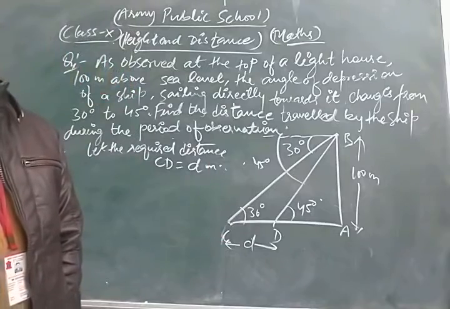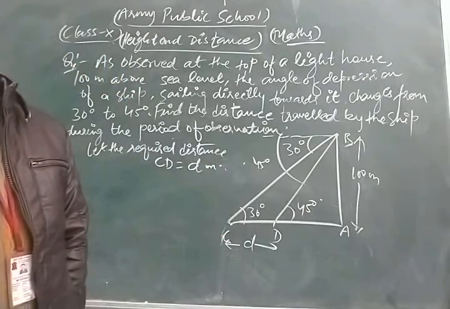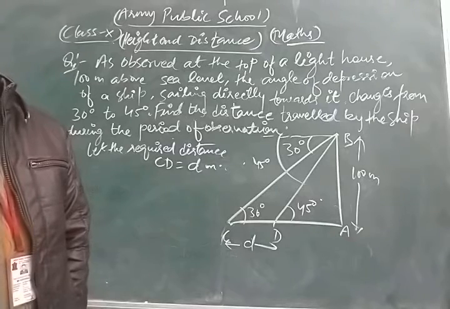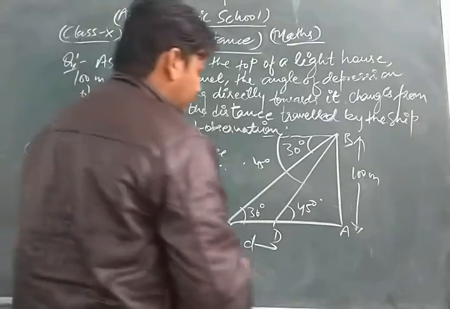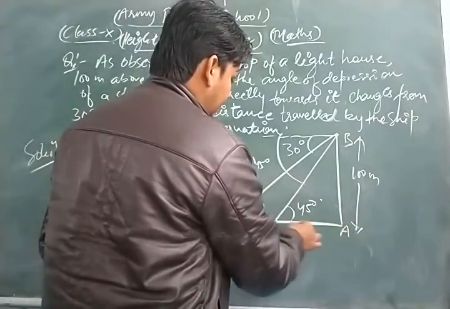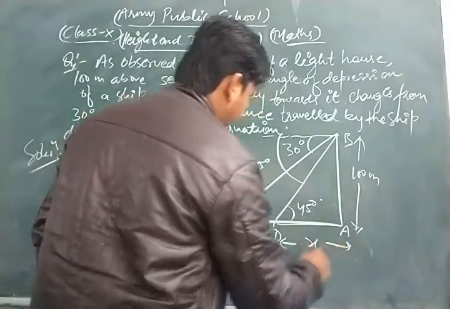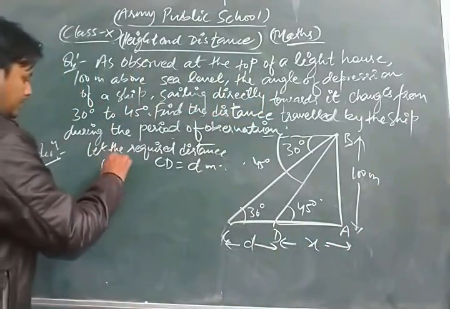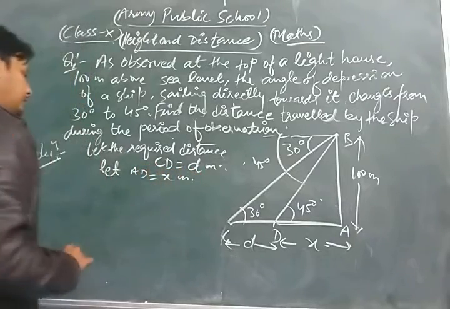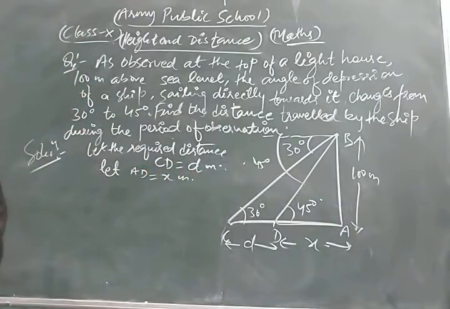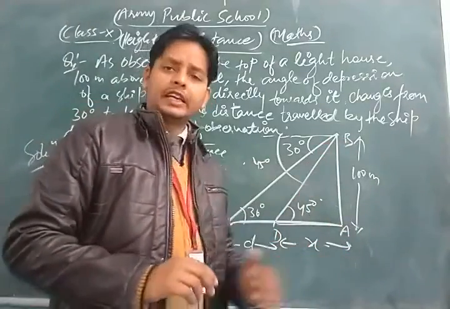Okay, dear friends. Now, first we also find the distance AD. Let AD be x meter. First of all, dear students, we take triangle BDA.